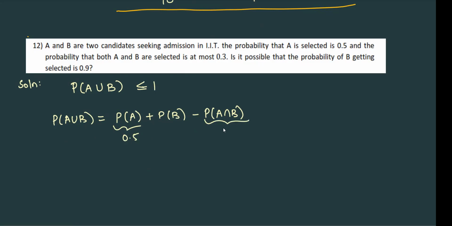That means P of A intersection B is less than or equal to 0.3. So minus P of A intersection B, if you multiply with a minus sign, will be greater than or equal to minus 0.3.